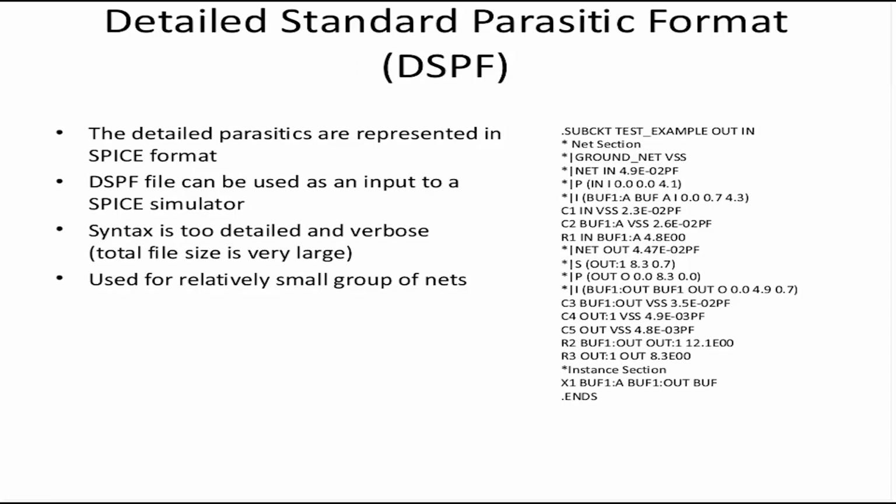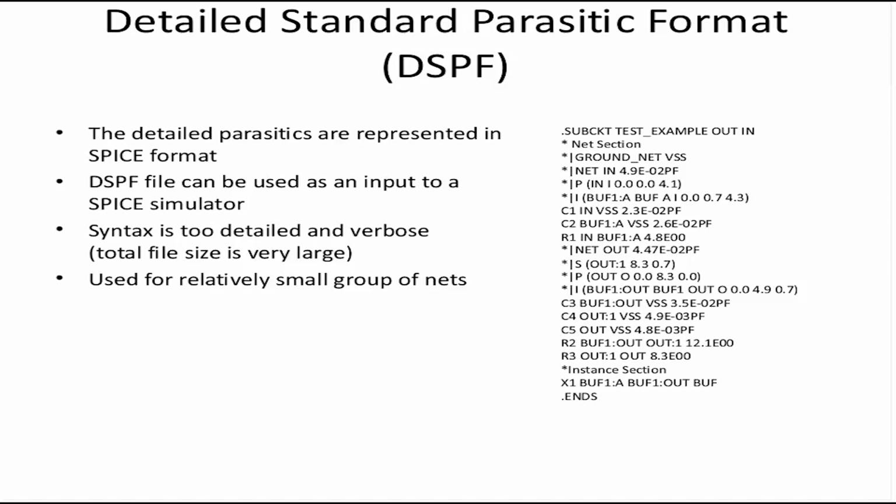Now the most detailed format is DSPF. The format is same as SPICE. What it means is that each node is extracted. The R and C value will be present for each and every node, and obviously since it's represented in SPICE format, you can use any SPICE tool to read in and analyze. But again, at a full chip level, it will become very time consuming, and plus this file is huge.